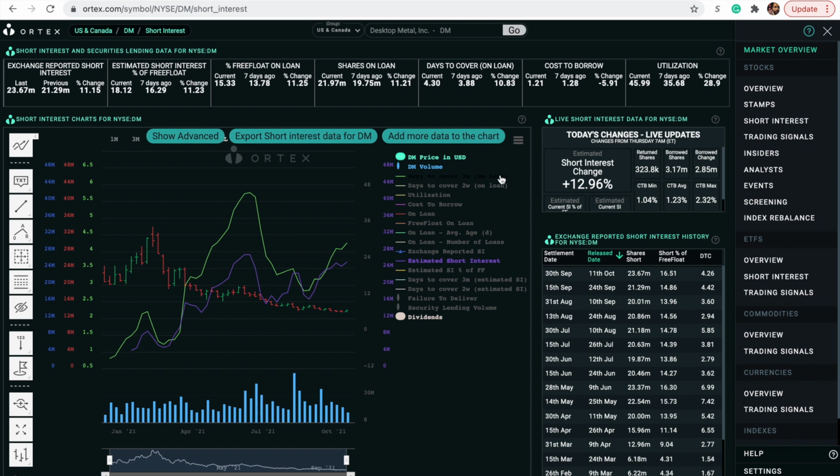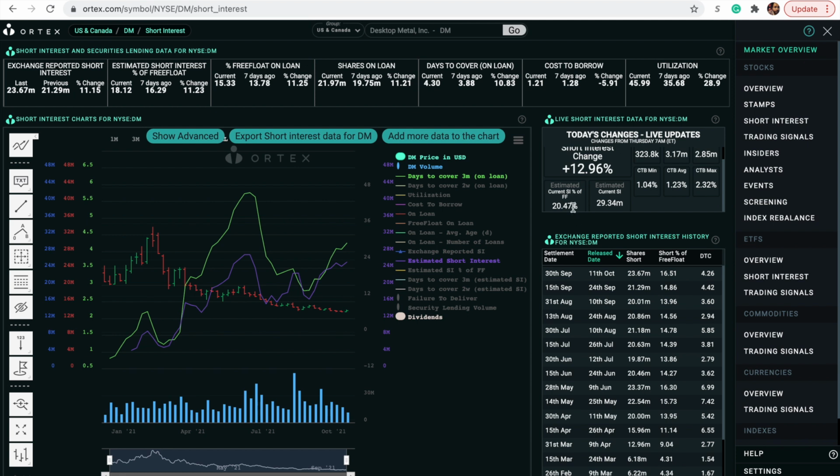Now, the days to cover is also not in an insignificant place. So they're holding on to these for several days before closing their position. So again, that's a recipe for building up the short interest as a percentage of the free float.